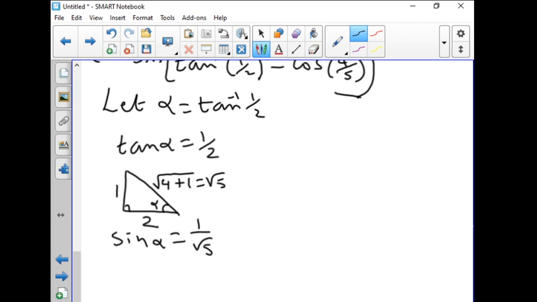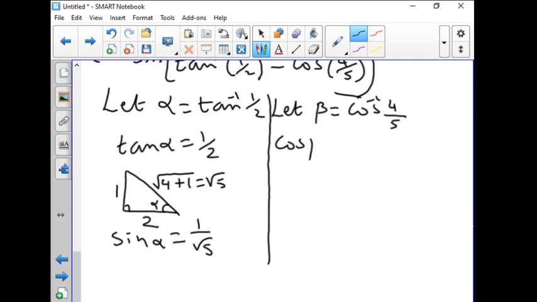Okay. So similarly, you take let beta be equal to cos inverse of 4 by 5. So what is cos beta? Cos beta is equal to 4 by 5. So therefore, what is sin beta? Here also, in the same way, you draw the diagram, a right triangle. So this is 90.